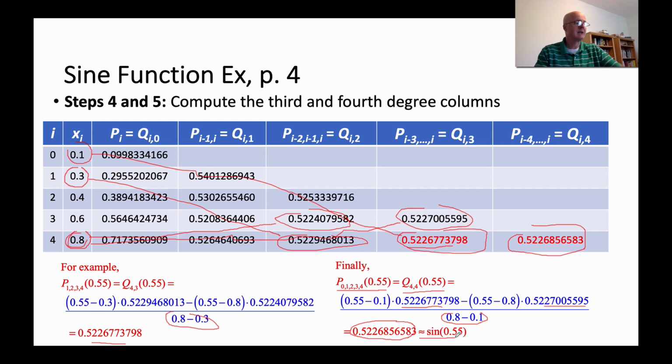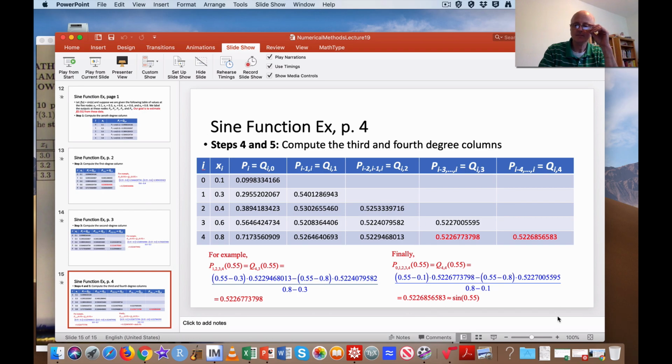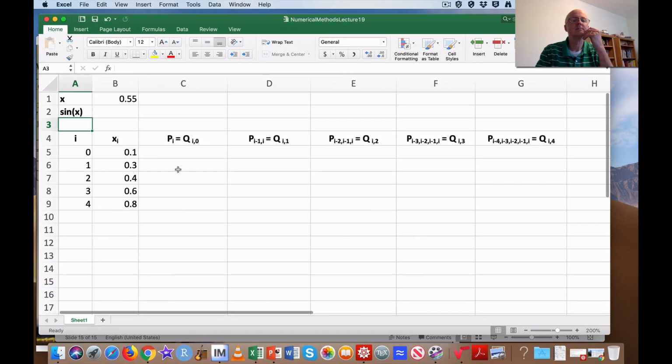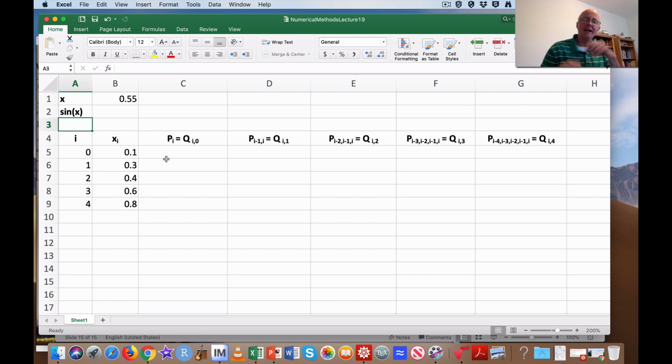Okay, so now we're going to go onto the spreadsheet and do the same example we just did. And again, it would be more ideal if these nodes were equidistant, because that would make it easier to program the spreadsheet, so to speak. Because the copying and pasting we do, with some adjustments, could be done not only vertically, but also horizontally.